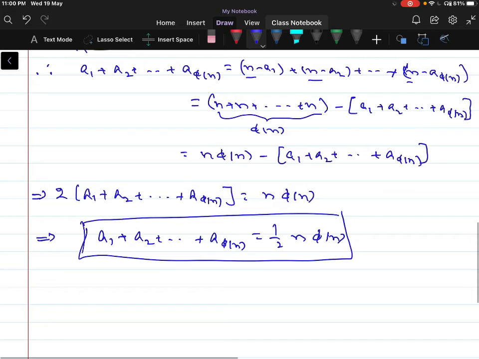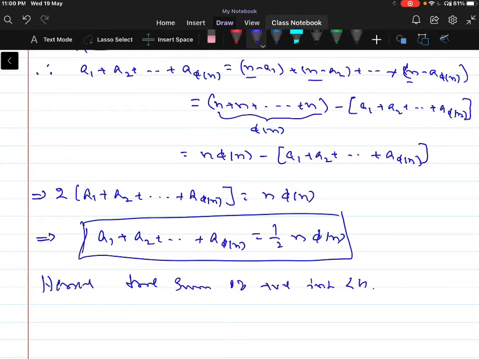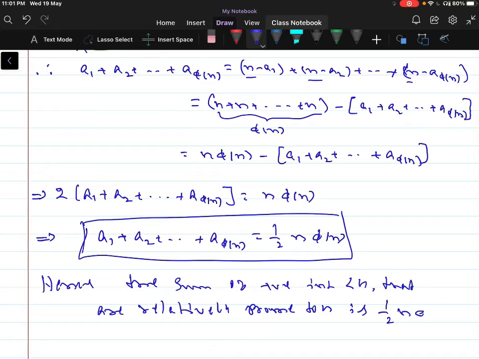Therefore, you can write, or hence, the sum of the positive integers less than n that are relatively prime to n is 1 by 2 into n into phi(n).